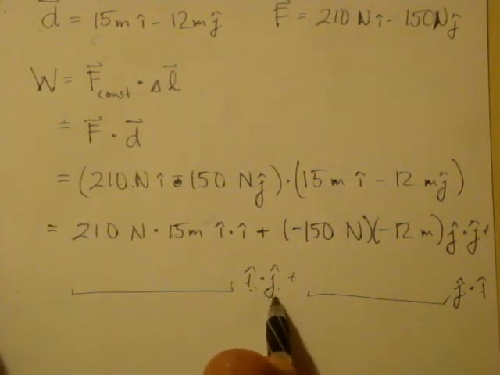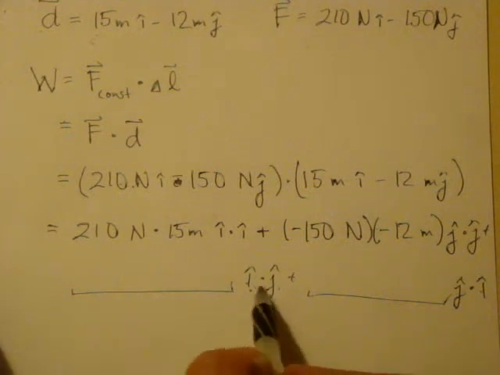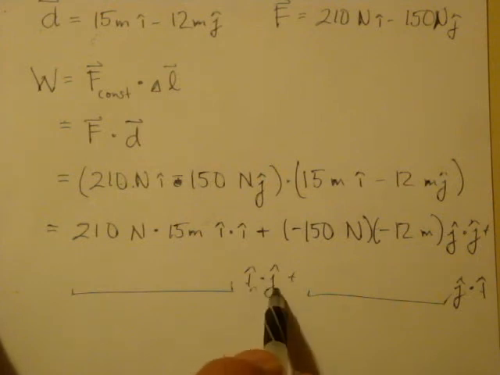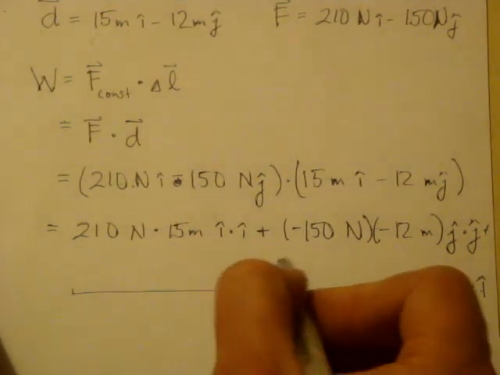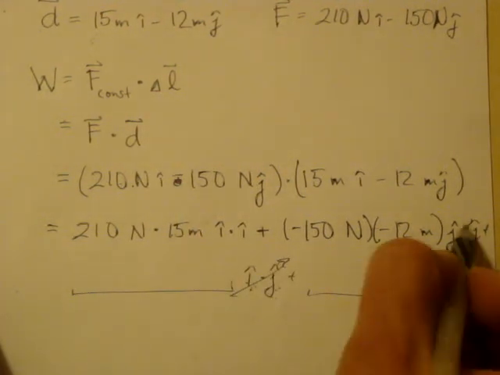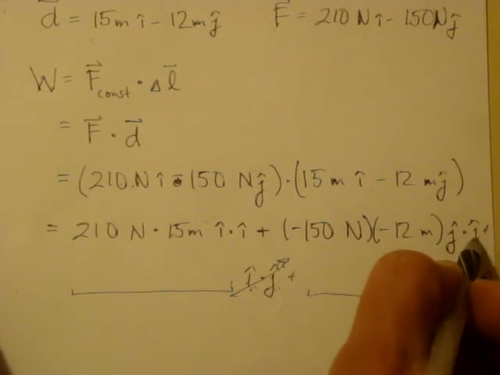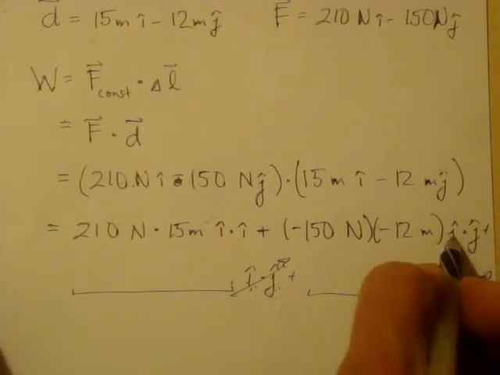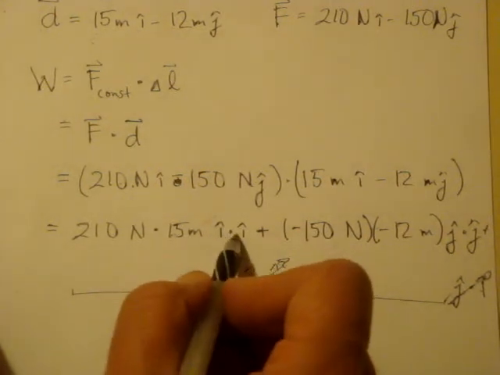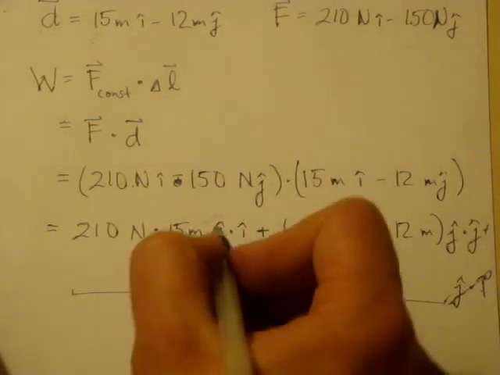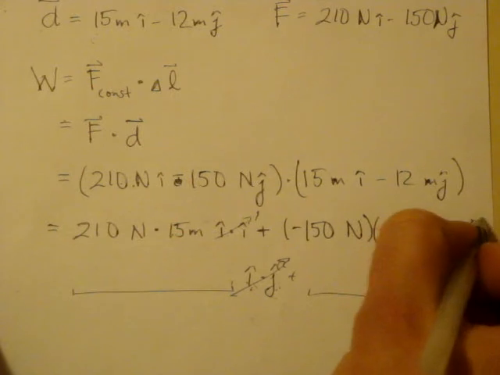Since J-hat is the unit vector in the y direction and I-hat is the unit vector in the x direction, these two are perpendicular to each other, so these will both give us 0. Likewise, the scalar product of J-hat and J-hat, and of I-hat and I-hat, are in the same direction, so these just give us a value of 1 each.